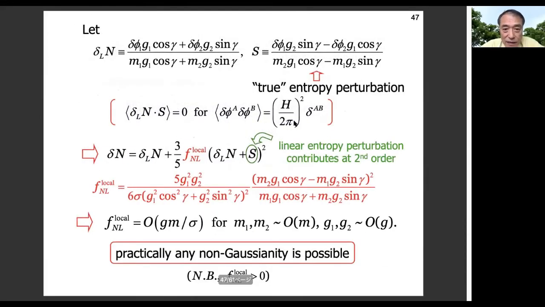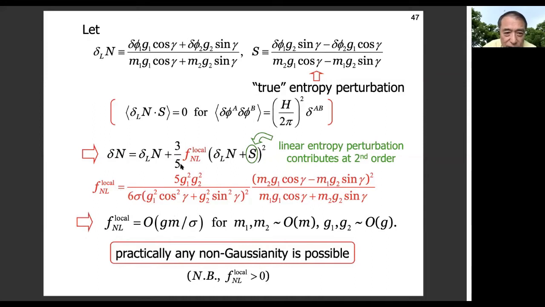Anyway, I think maybe I shouldn't spend too much time on this, but the whole point here, apart from the details, is the non-Gaussianity represented by the so-called f_NL local.